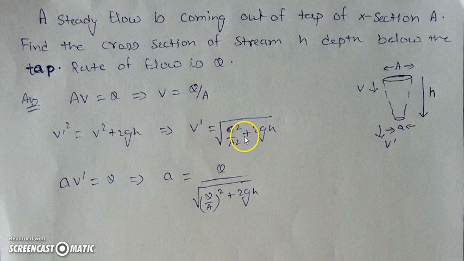Using again that the rate of flow will remain the same, as the liquid is not going anywhere else, just moving through this cross section, the rate of flow will remain Q, and A dash comes out to be Q divided by v dash. This is the value of A dash. Just plug it in to get the value.